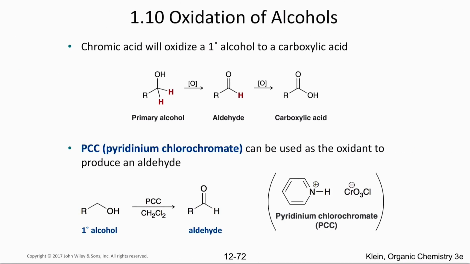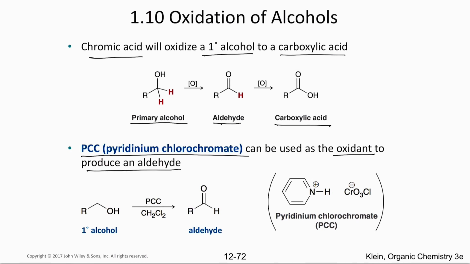Now this chromic acid can also oxidize primary alcohols, but finally it will form a carboxylic acid. So when you do the same reaction, the primary alcohol will form an aldehyde and then the final carboxylic acid. But if you want to stop it at an aldehyde, you can use a compound called pyridinium chlorochromate, also known as PCC, the oxidant that's used to produce aldehydes.